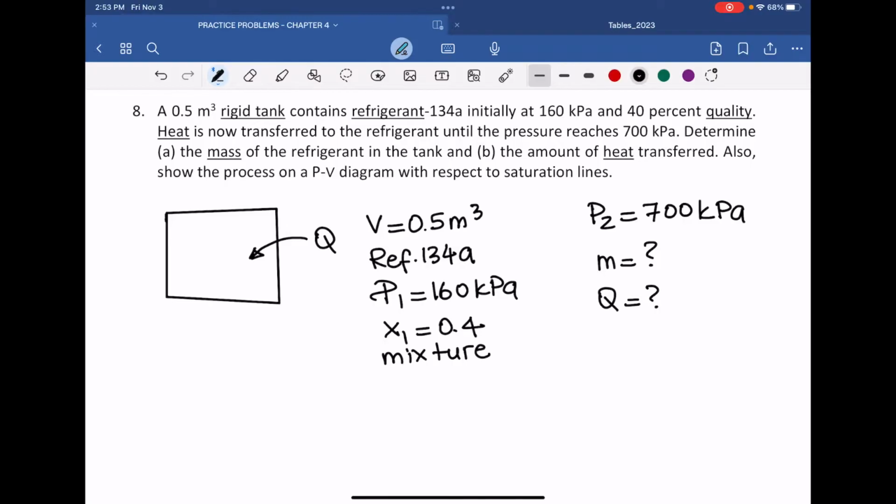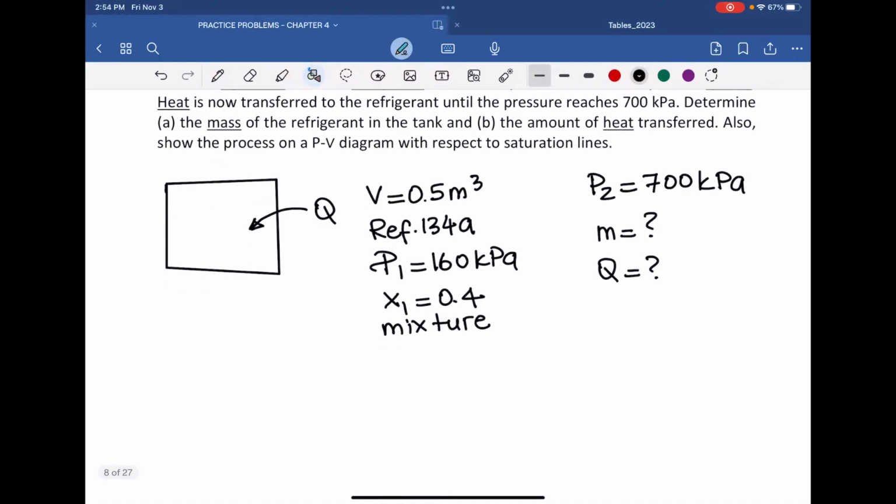So for the PV diagram, to graph that, we need to know what we have at the first state, which is a mixture. Now it's becoming superheated, and this is happening at a constant volume because you have a rigid tank. Okay, so we might be able to sketch it a little bit, let's see if we can do that.